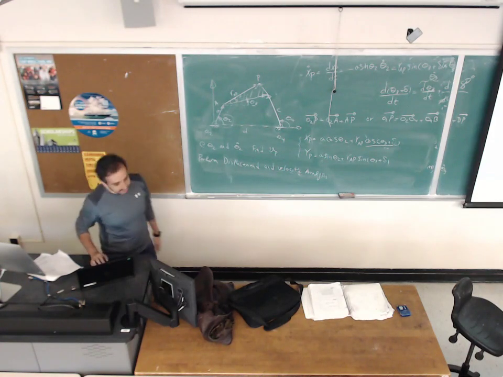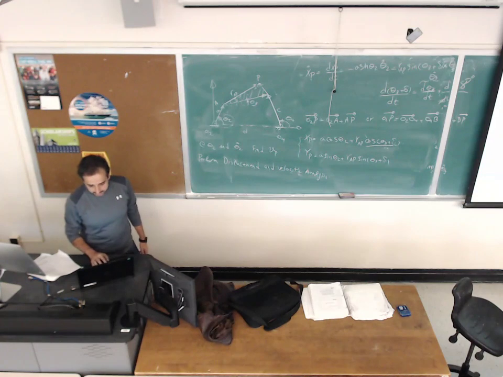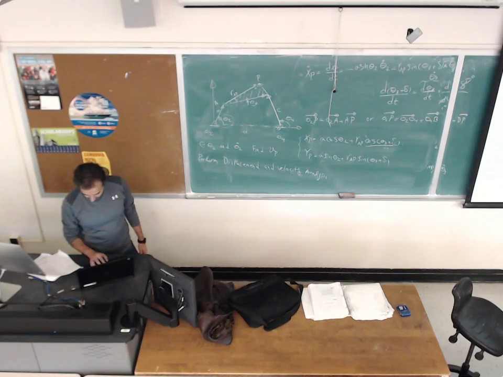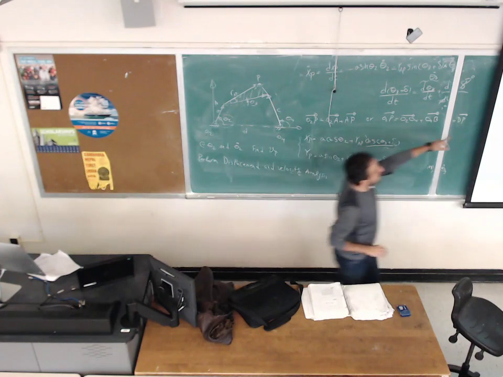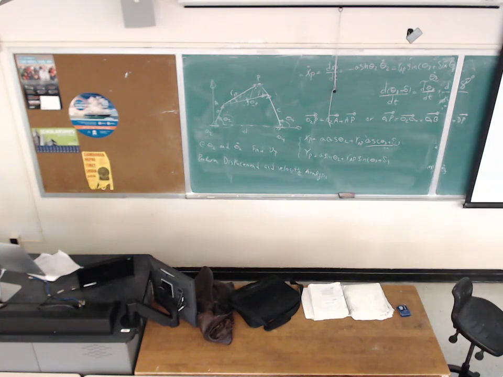You are given with the crank rocker mechanism, and the lengths of the links are given. On the first part, I'm asking you to find the input angle at which the transmission angle is 90 degrees.